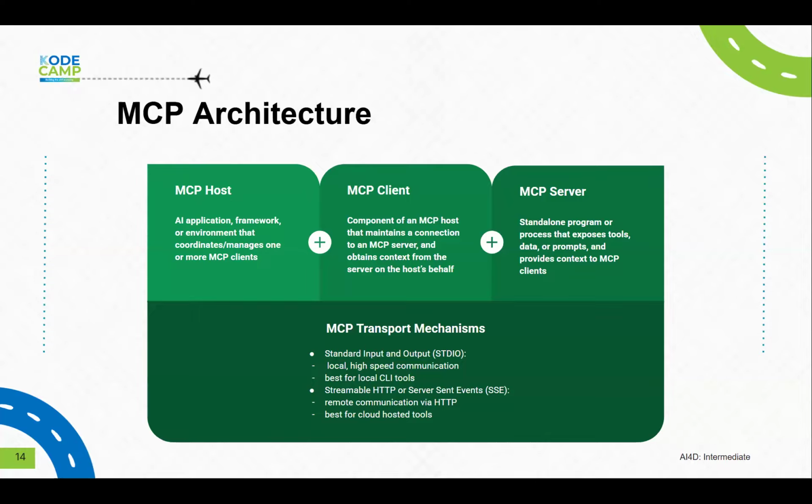Now, streamable HTTP is the current, if I may say, state-of-the-art transport mechanism for MCP. MCP was using SSE for remote communication. SSE is still supported, but just for legacy purposes.